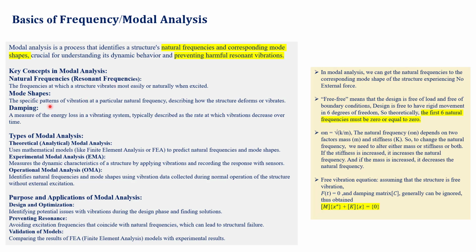The next one is the mode shape. Why do we need the mode shape? In short, the mode shape describes how the structure deforms, how it is going to vibrate in a practical scenario. Let's say I take any component, it has a certain pattern in which it will vibrate.